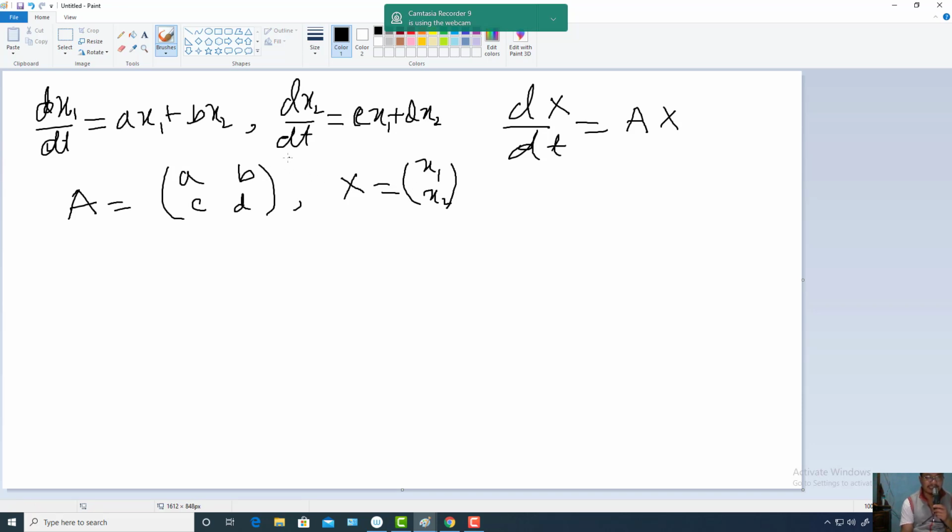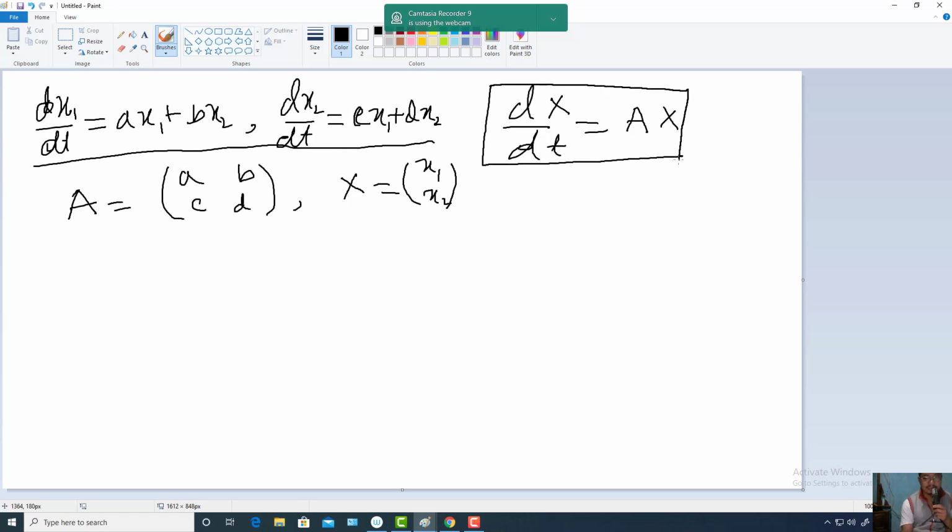By simple matrix multiplication, this system of equations can be written in this matrix form, where the matrix A is given by this and the column vector x is given by this one. So a linear system of two equations can be represented by this matrix form.